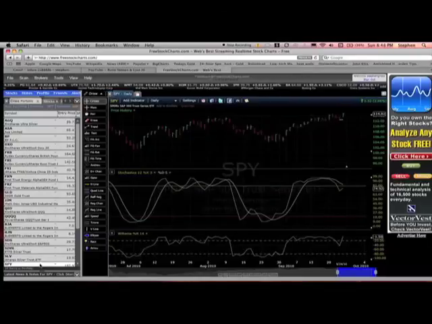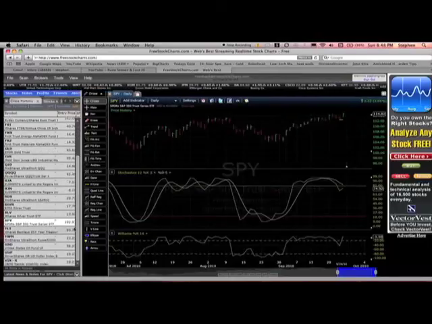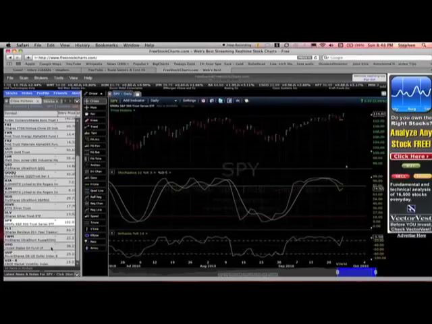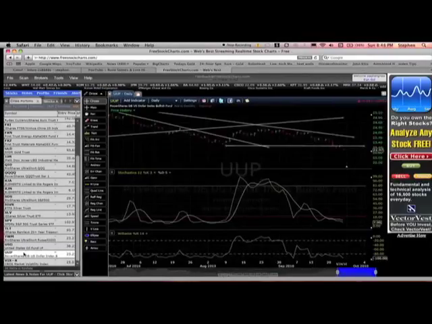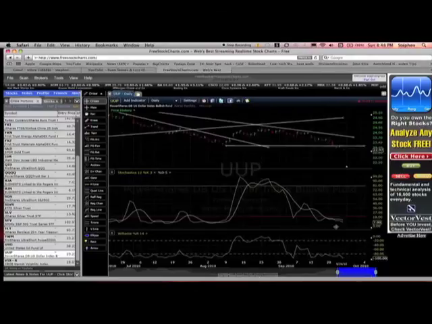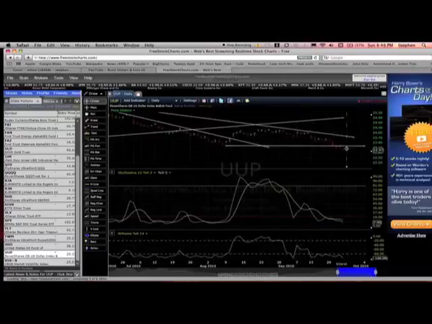And you can see that starting around the 23rd, it finished its regrouping, based itself, and started an advance. All of this, again, in contrast to the behavior of UUP, which is in a failing chart pattern. Now, very extreme down here on the stochastics and on the Williams, but I see no support.